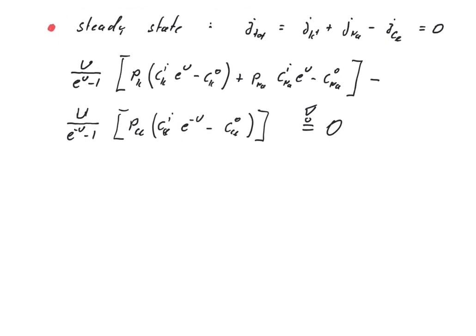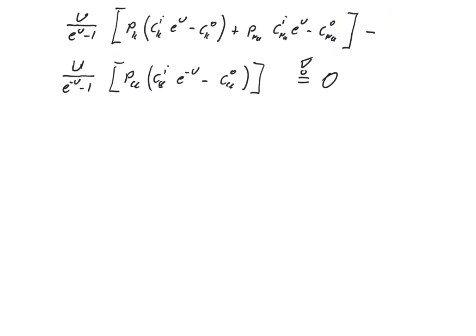Now, what follows is that we assume that the membrane potential is significantly different from 1, so it's much larger than 1. Then factors like e to the power u minus 1 divided by e to the minus u minus 1 is about minus e to the minus u.